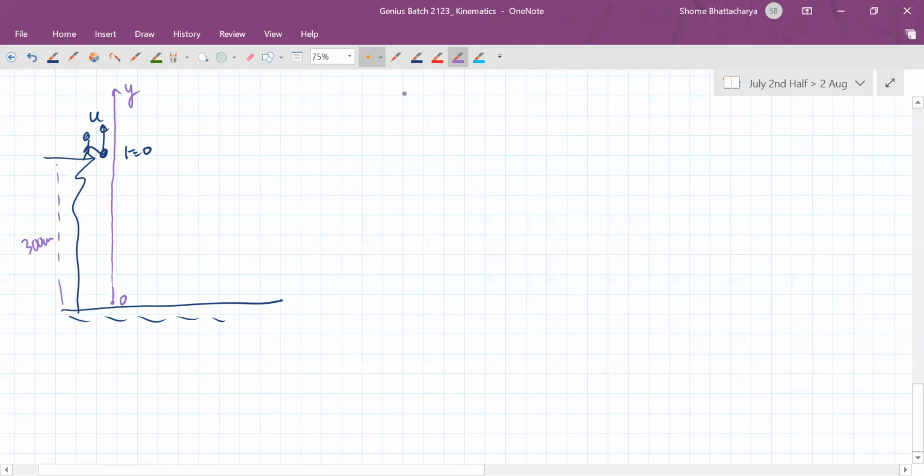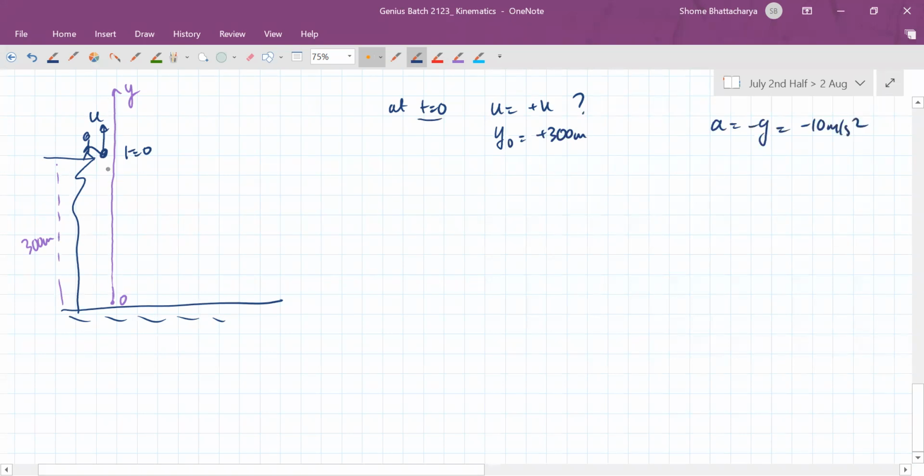So then we will say that at t equal to 0, the initial velocity is some plus u which we don't know, but our initial position is plus 300. Okay, and our acceleration is minus g or minus 10 meters per second square.